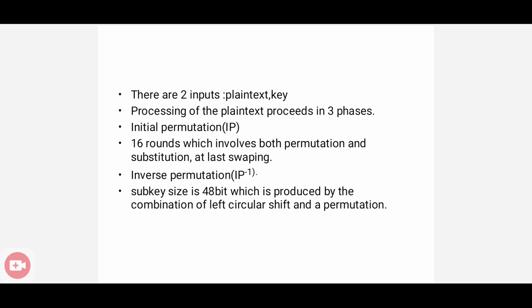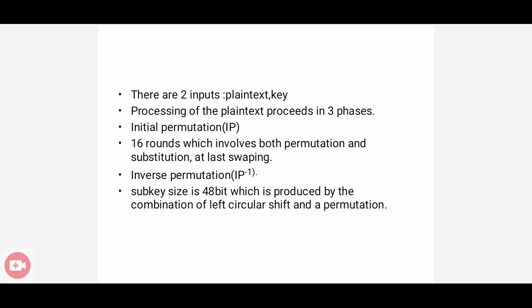So in DES architecture, we have three phases. First one is an initial permutation. Second one, 16 rounds plus a swapping. Third one, inverse permutation. For each round, there is a need of a key. They are known as subkeys. 16 rounds are possible in DES structure, so for each round there is a need of a subkey.